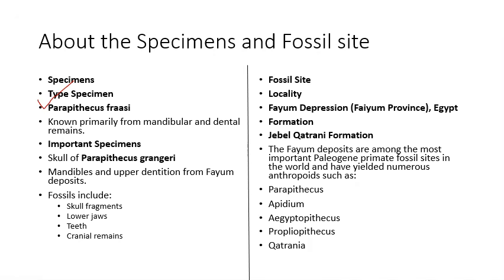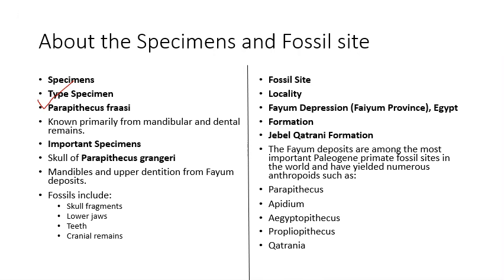The Fayum deposit preserved an extraordinary record of Oligocene life: early primates, ancient elephants, crocodiles, and carnivorous mammals. Because of these discoveries, Fayum is often called one of the most important windows into primate evolution.